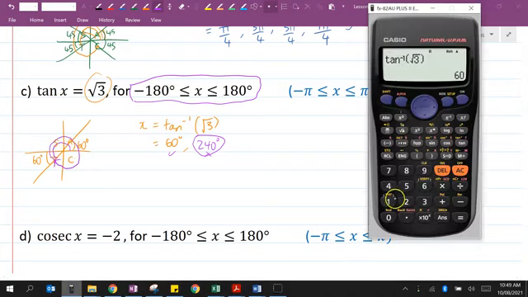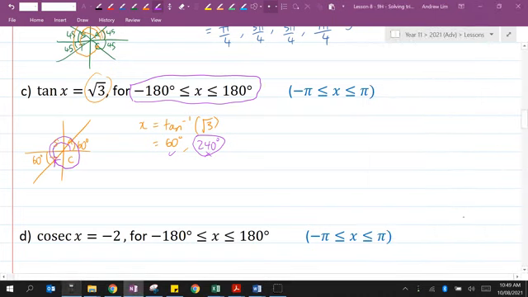So 240 minus 360 is negative 120. And that's exactly the same. And now we've got the two angles that are in the given domain.